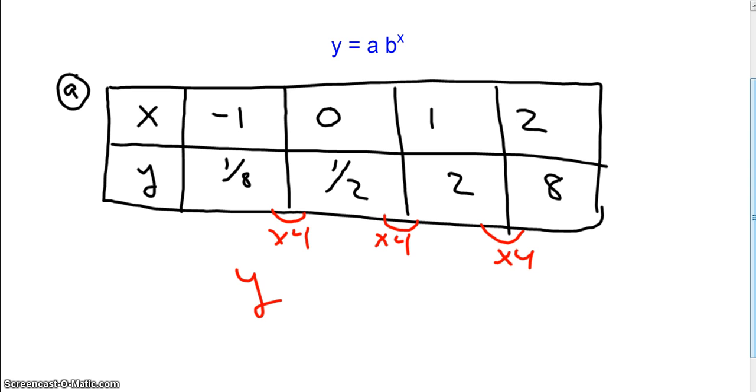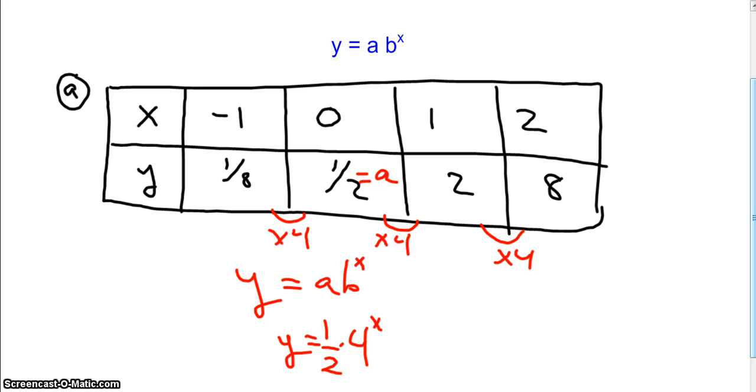That is correct. So we can start with our model. Where does this factor 4 go? For b. Good. So we have a 4 there. Now, in order to find the a, we simply plug in which exponent? 0. So a equals 1/2. This is 1/2 times 4 to the x. So you have graphed many of these.